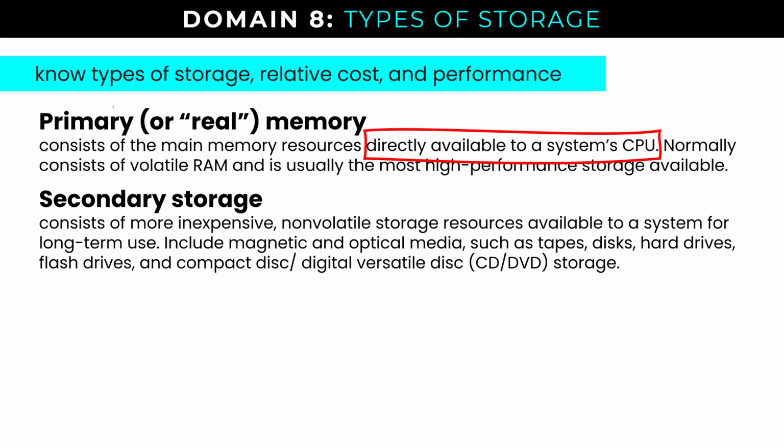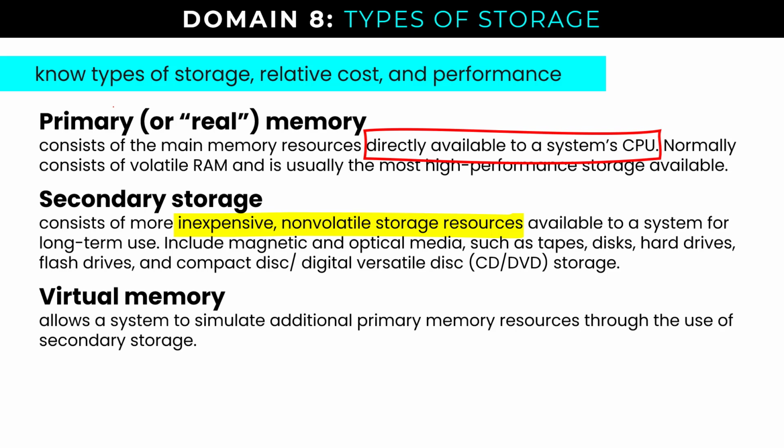So secondary storage can consist of less expensive non-volatile storage available for long-term use. This would be any sort of tape, disc, hard drive, magnetic or optical media, CD, DVD. There's virtual memory. Now this is interesting if you're not familiar with virtual memory and operating systems. This allows a system to simulate additional primary memory resources through the use of secondary storage.